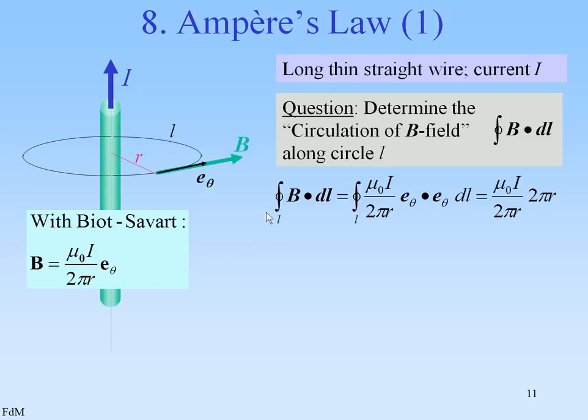And when we perform that integration, we get e theta times dl, and that's just 2 pi r, the circumference. And this means that the closed path integral of the scalar product of B dl is mu naught I, Ampere's law.